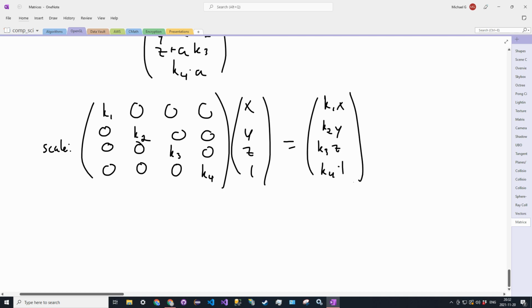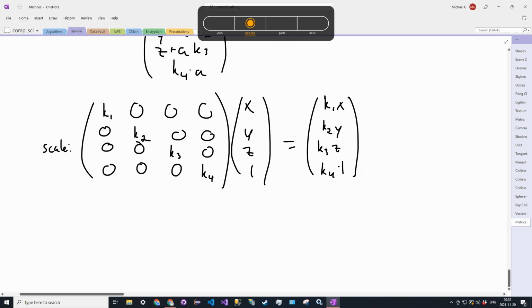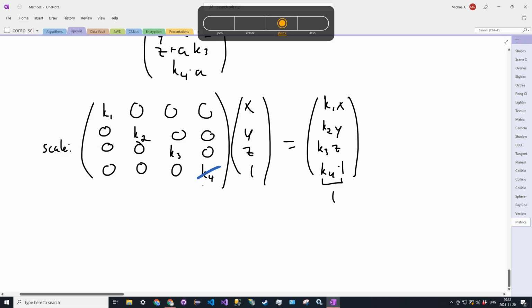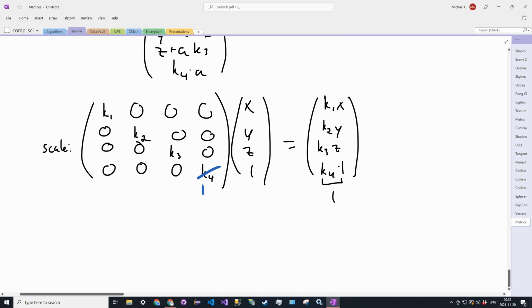And if we want that last element to stay as 1, then K4 has to equal 1. So this K4 becomes a 1. Now our scaling matrix is upped by a dimension, but the only thing is we're just adding a 1 in that diagonal. Everything else is just zeros. So now we have transformation matrices as 4x4 matrices and our position vectors as 4x1 vectors.